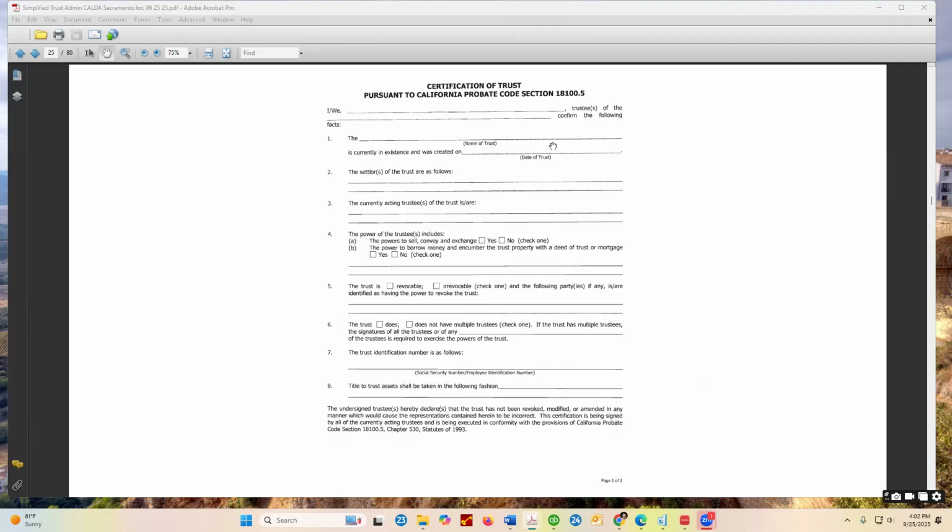It says the trust was created, name of the trust, when it was created, who were the settlors, who's the acting trustee, what powers do they have, if it's revocable or irrevocable, and if there are multiple assets in the trust. This is a guideline. We frequently just write them up freehand with the necessary details.